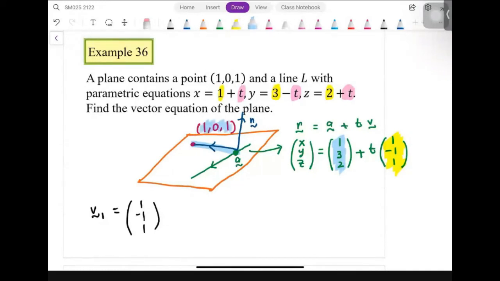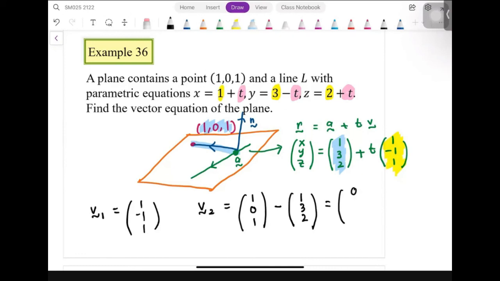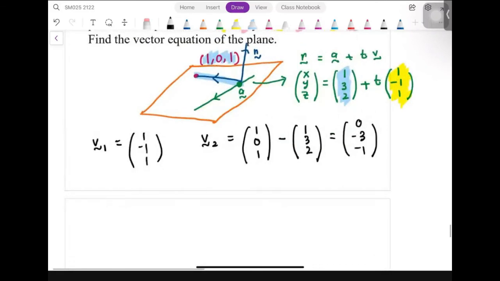So, kita kena buat direction vector tolak lah kan. So, our v2 would be, siapa tolak siapa kat sini, tak kisahlah. Awak boleh buat point tolak mana-mana point. Saya buat point atas plane, 1, 0, 1, tolakkan dengan point on a line, 1, 3, 2. So, we should get 0, negative 3, negative 1. Okay. Dah dapat dua direction vector ataupun dua line atas plane, kita dah boleh crosskan tadi untuk dapat normal vector.